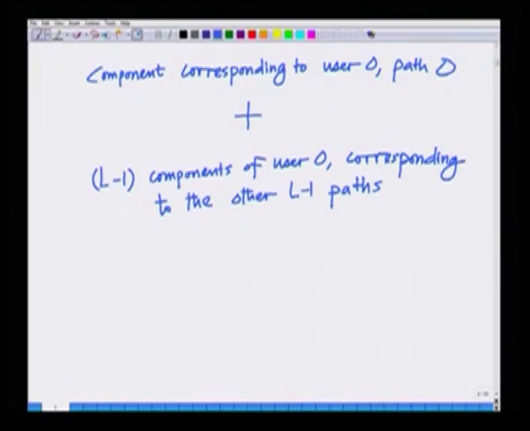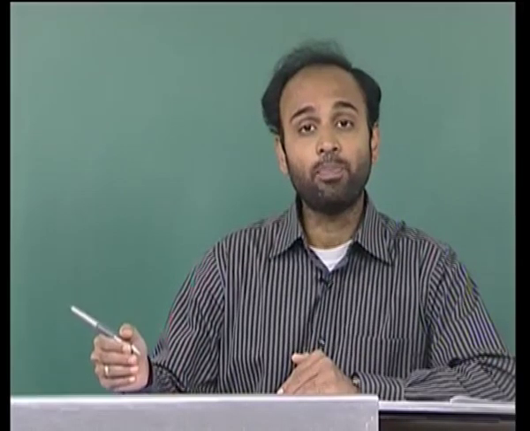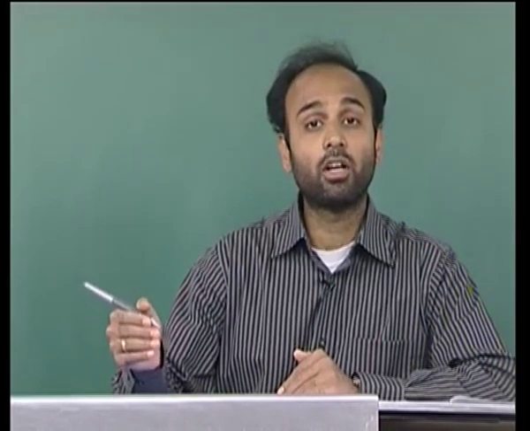In the rake receiver we are correlating with c0 of m, which extracts the path corresponding to 0 lag.